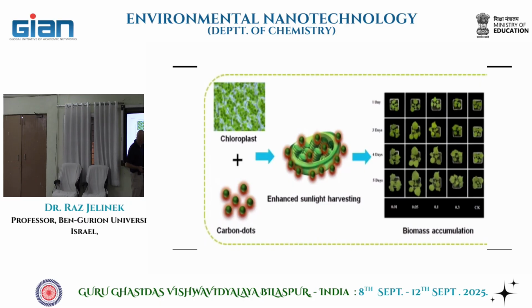You can see here, these are just plants. With carbon dots, the more carbon dots that you put, the better growth of the plant. So carbon dots just help plants with their photosynthesis.